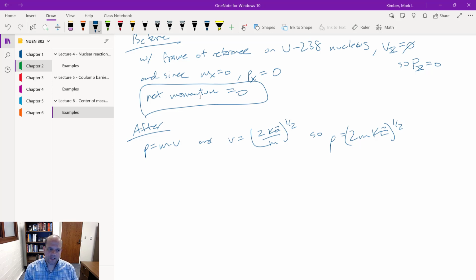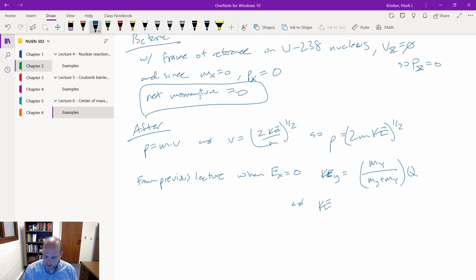In this case, we don't have a projectile, but even if we had a projectile with no kinetic energy, we'd be able to state the following: that the kinetic energy of the light product is going to be the mass of my heavy product divided by the sum of my masses from the products, times the Q value.